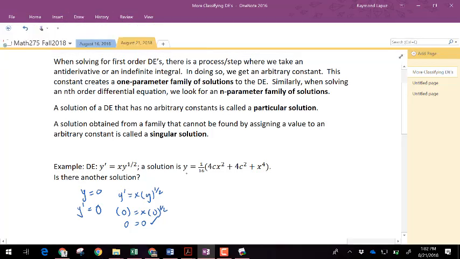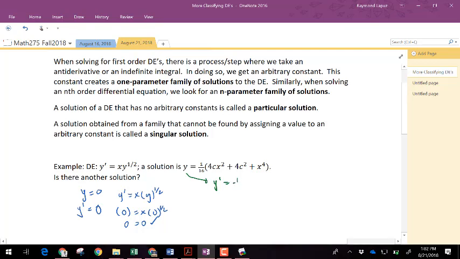Maybe I should also say that this, in fact, is a solution to this differential equation, because if I find out what y prime is and I put that into the differential equation, I should get a true statement, right? So what's a derivative of this? All right, let's practice taking the derivative.